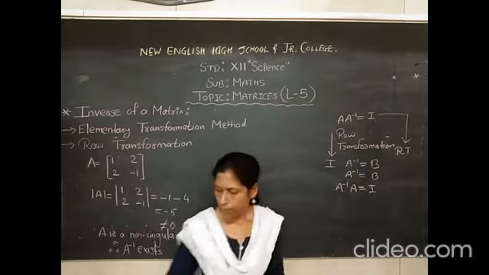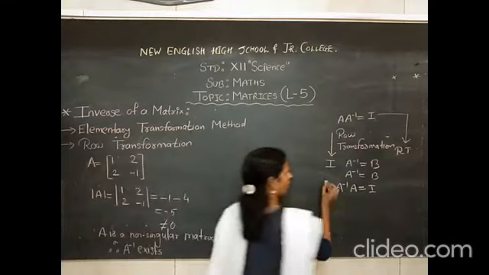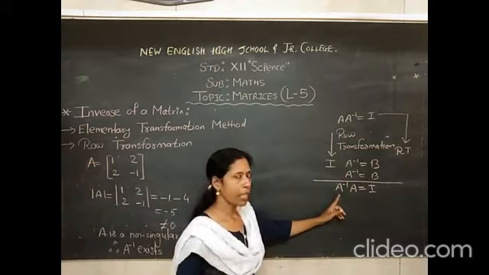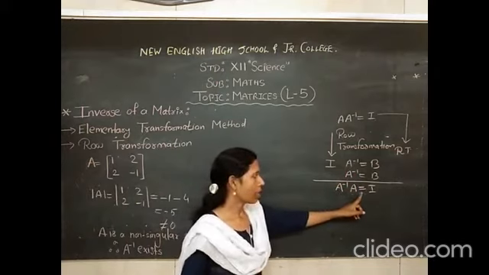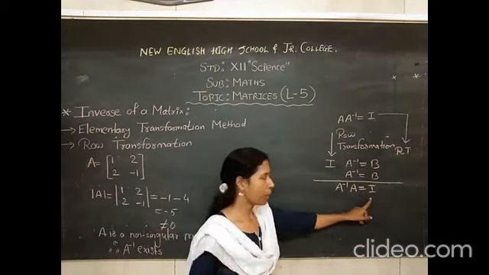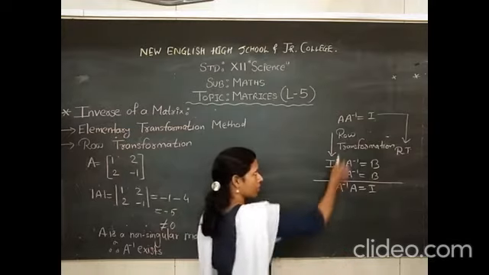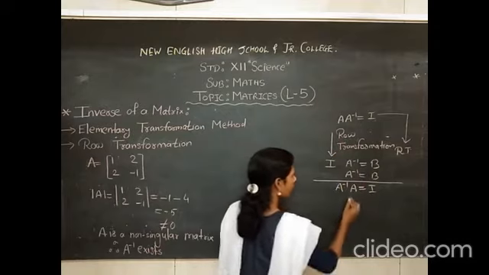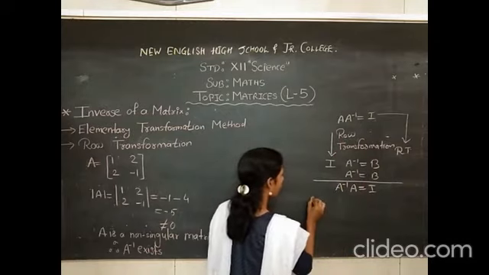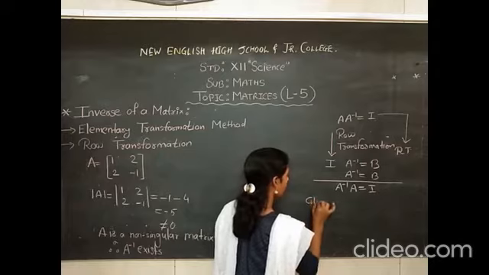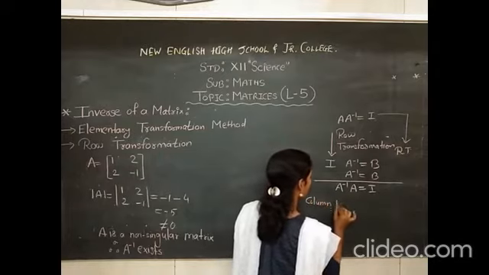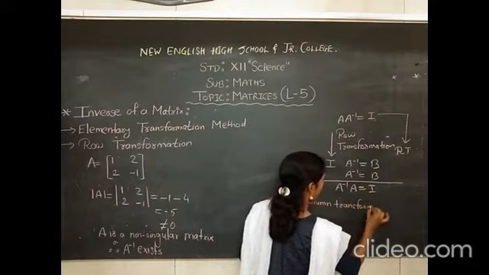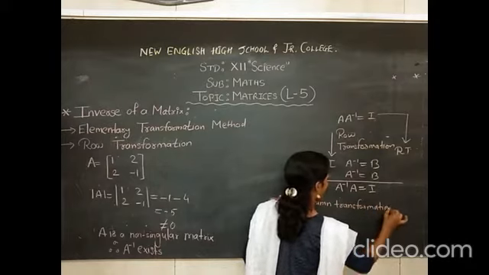Similarly, children, when we are applying A inverse into A equals I, that means column transformation. In place of row transformation, I will write column transformation here.